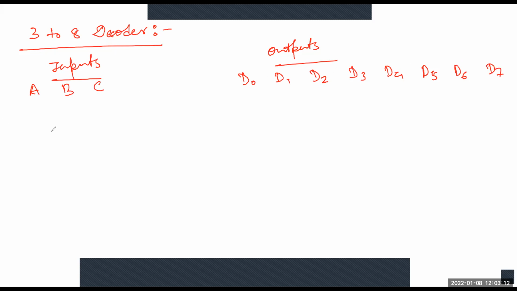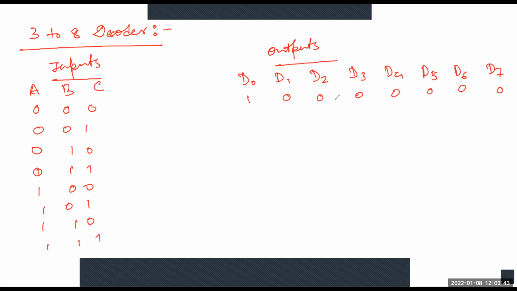There are 8 combinations, starting with 0, 0, 0, and the output is 1 with the rest of the part 0.